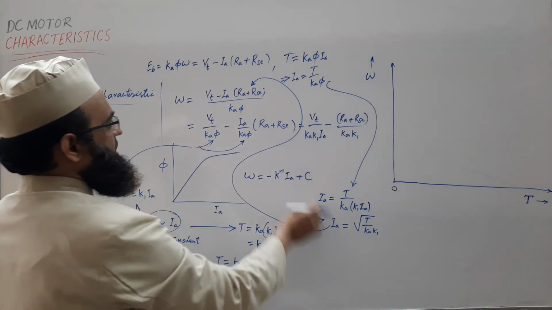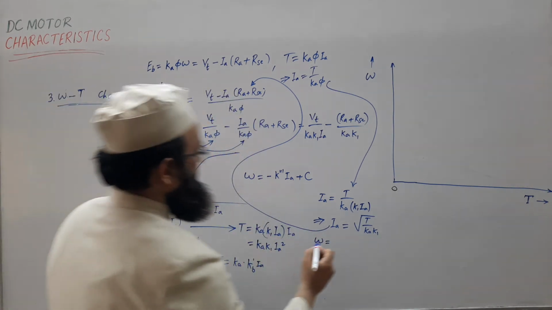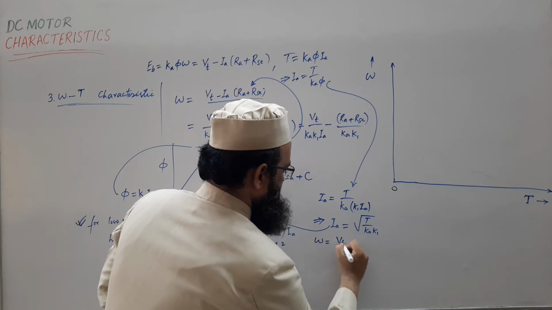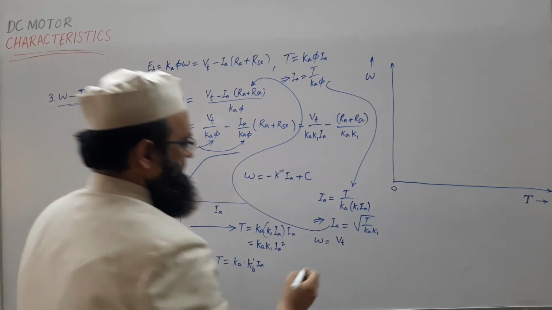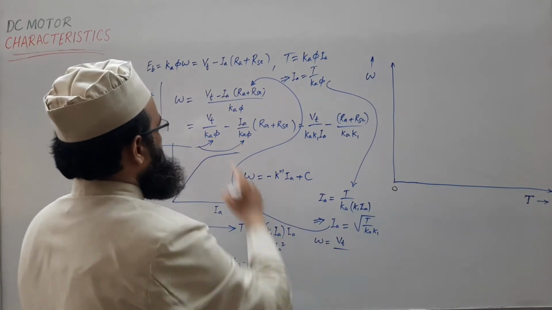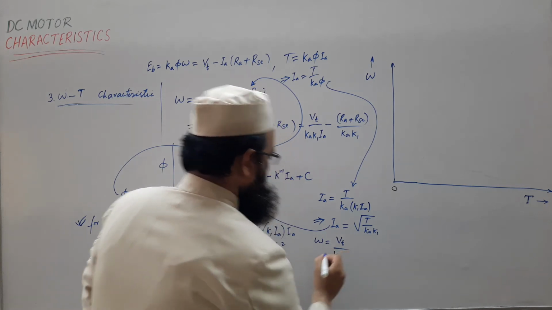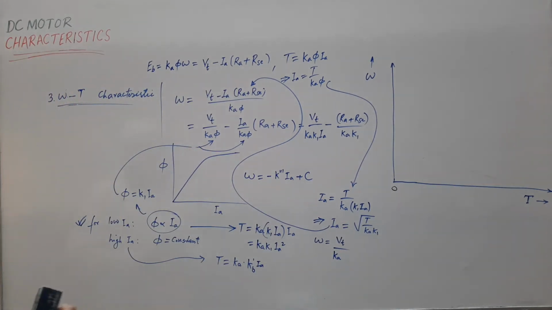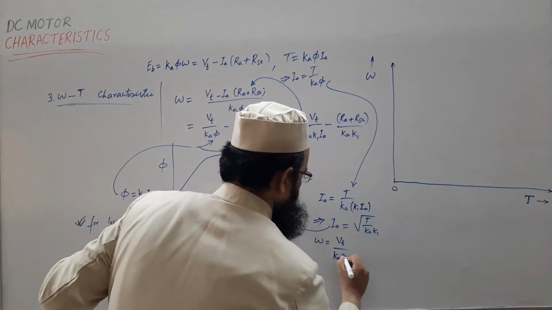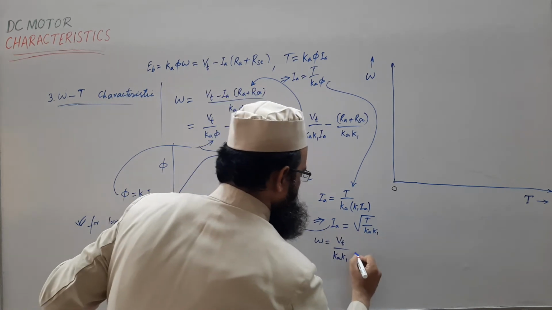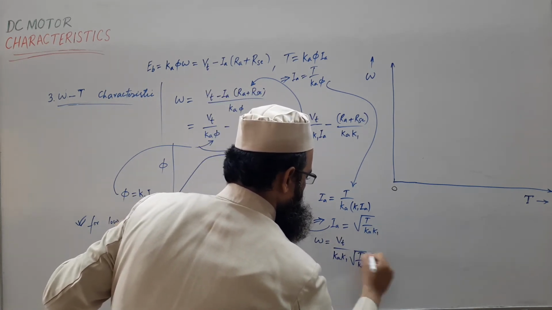So first substitute Ia here: omega will be equal to Vt upon Ka phi, and phi is K1 Ia. So Ia is this, root of T upon Ka K1.